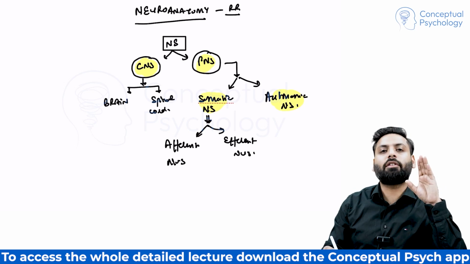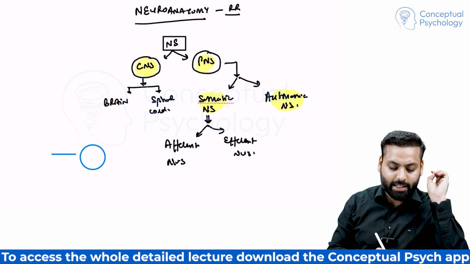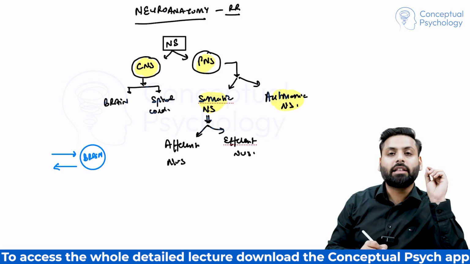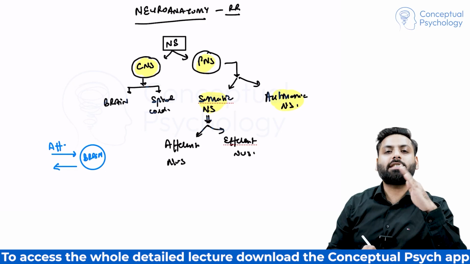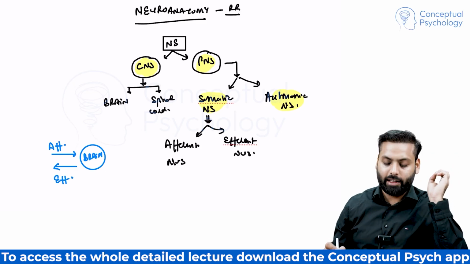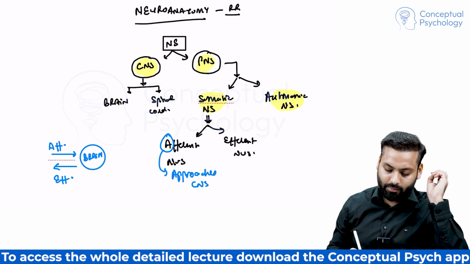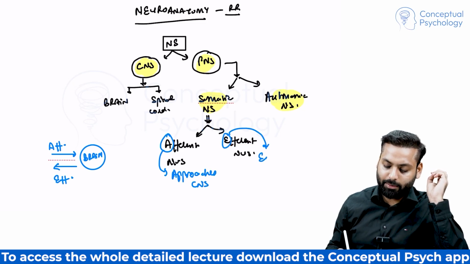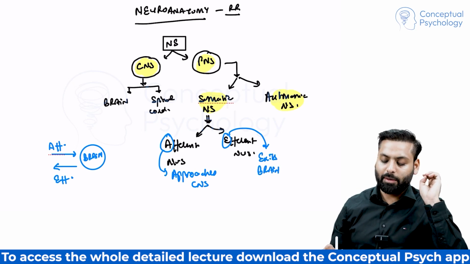So in the body there will be two types of nerves: one which will bring the message towards the brain and one which will take the message away from the brain. The nerve which brings the message towards the brain is afferent. The nerve which takes the message away from the brain is efferent. So remember, afferent nerve approaches the brain, efferent nerve exits the brain. Okay, this will help you in MCQ.